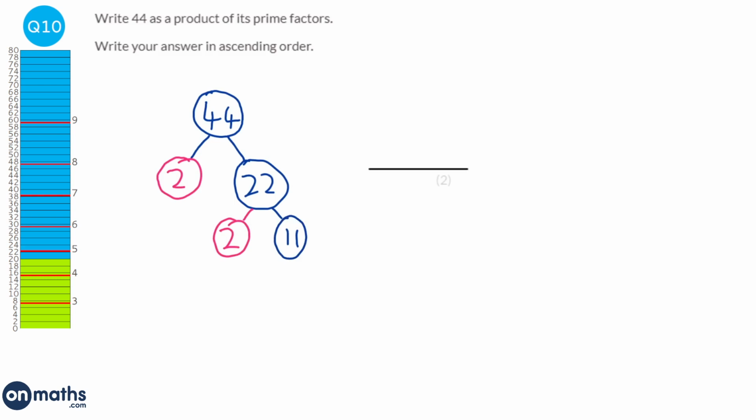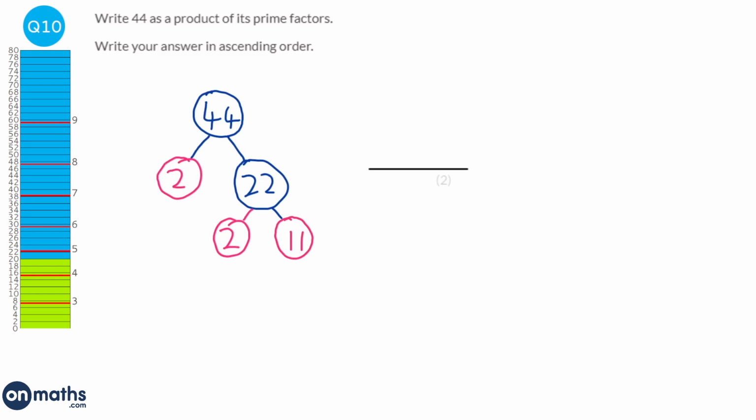The reason why I've put them in red is they are prime numbers. We can't do another thing for the 2. Well, we can, it would be 2 and 1, but we'd be there all day doing 2's and 1's off the 2's. So we leave them as they are, and 11 actually is a prime number itself. So if I'm going to keep up with the theme, I can have that in red as well.